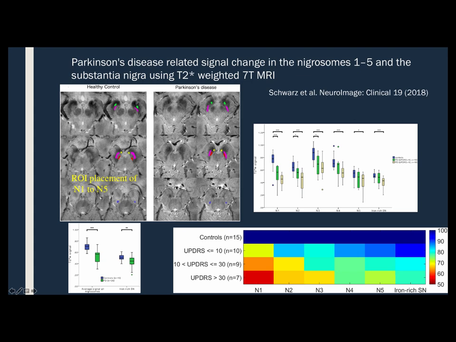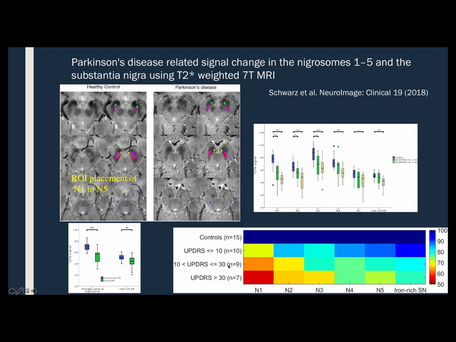So they define 5 different aspects of the nigrosomes where they can detect the neuromelanin, and this group claimed that there is differentiation, and you can separate them clearly in the nigrosome. I don't know why we are losing the image there, but you can detect here how controls have a much higher value, and the signal keeps on changing, I mean, losing, as the disease progresses.